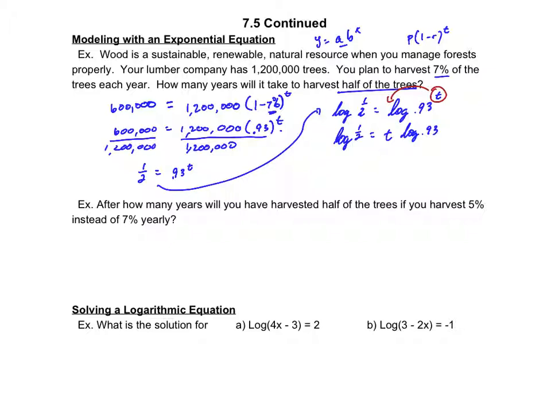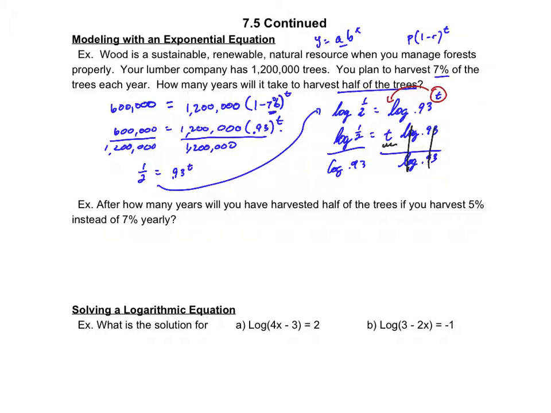Okay, and again, I'm trying to isolate my variable. And what I can do now is divide away the log of 0.93. And we know that that's going to cancel some stuff out.